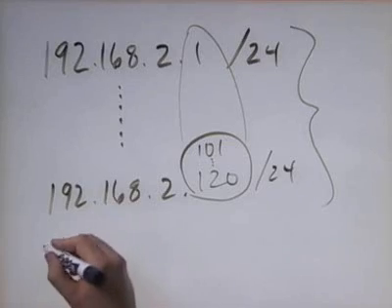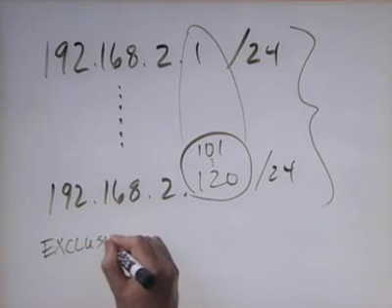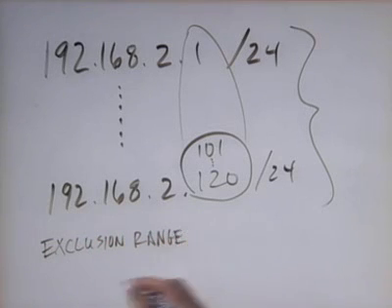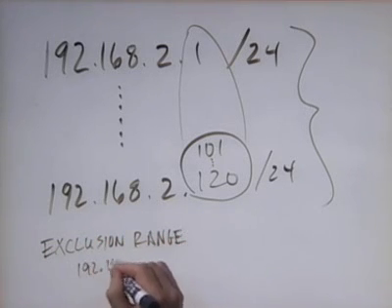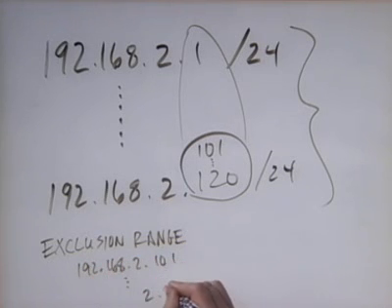So what we do is explicitly define an exclusion range to prevent those addresses from being given out. In the DHCP console, you can specify an exclusion range. In this example, the exclusion range would be 192.168.2.101 to 2.120.